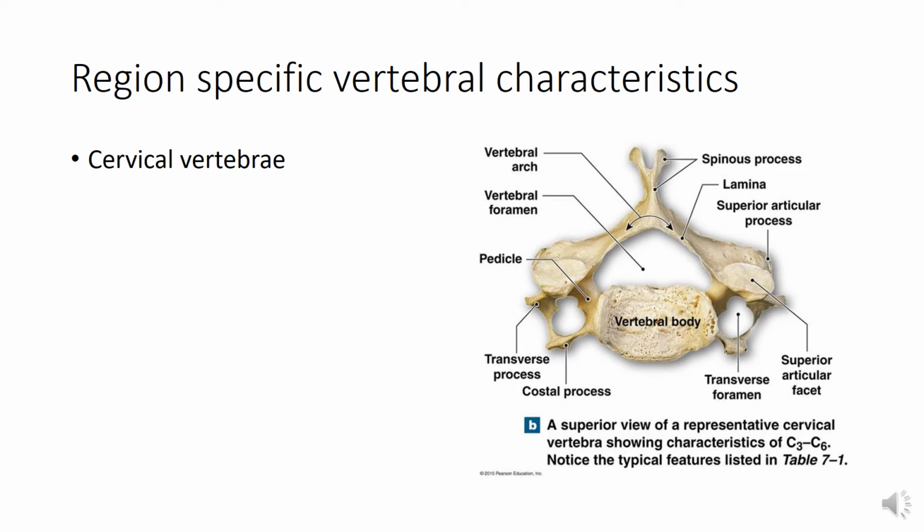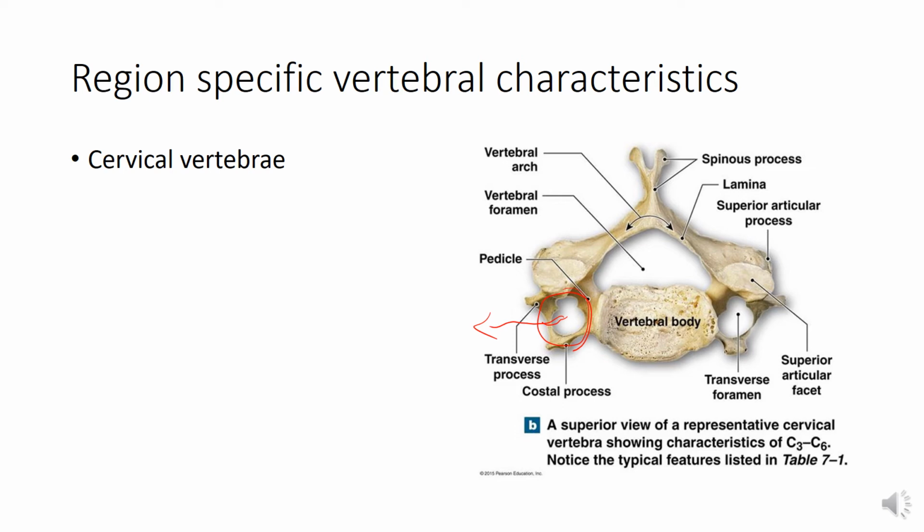The transverse process have foramina, the foramen in the transverse process, through which the vertebral artery passes upwards to the brain. The first two cervical vertebrae, that is the atlas and axis vertebra, are atypical.